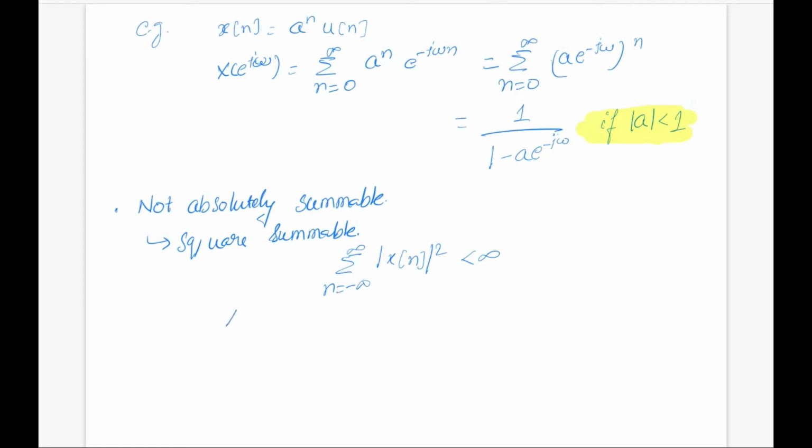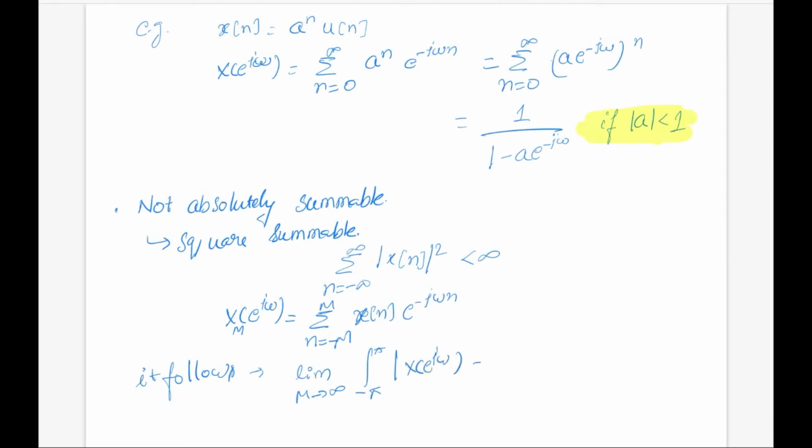Okay, which means something like this: if we take the Fourier transform over M terms, from minus M to plus M, of the same expression, x[n] e to the minus j omega n, then it will follow that the limit as M tends to infinity of the integral from minus pi to pi of the square of the difference is 0.